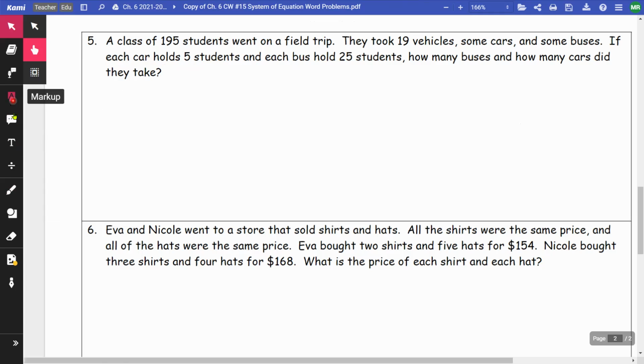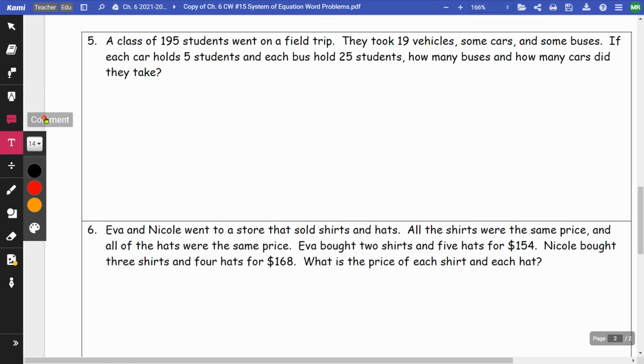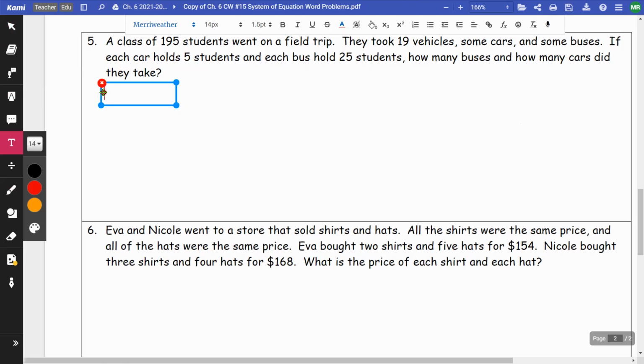So for this, when it says how many buses and how many cars, that's the number of buses and the number of cars. So let capital B equal the number of buses and C be the number of cars.